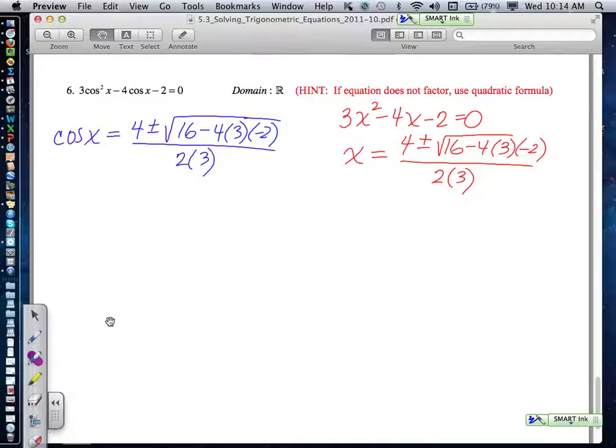So when you simplify that a bit, you're going to get 4 plus and minus the square root of 40 divided by 6.